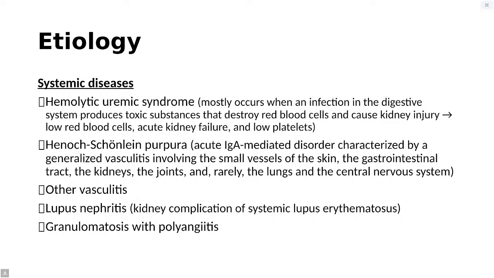Other vasculitis: the next group is lupus nephritis, a kidney complication of systemic lupus erythematosus, and the last disorder is granulomatosis with polyangiitis.